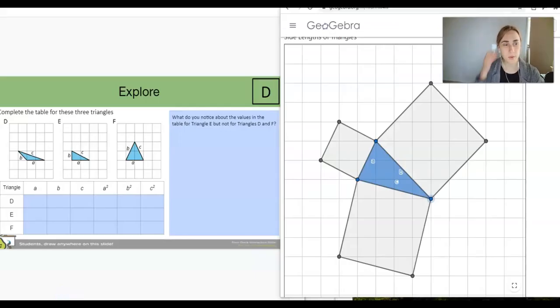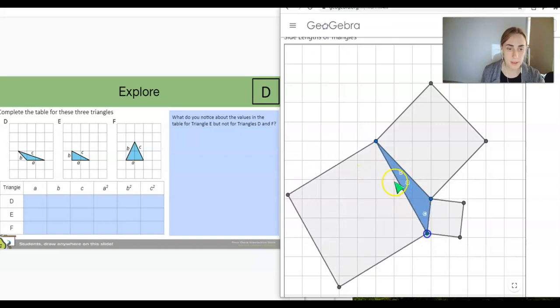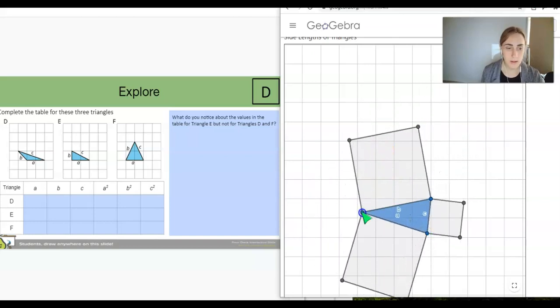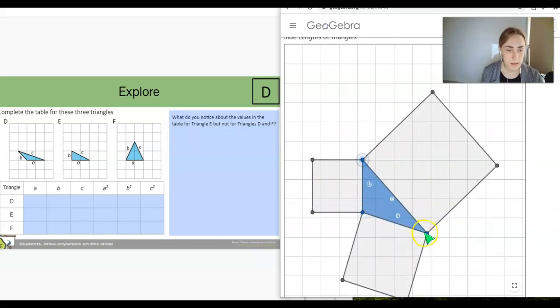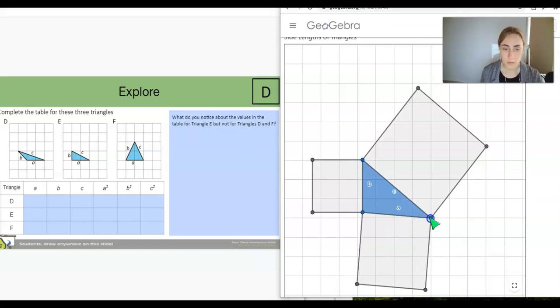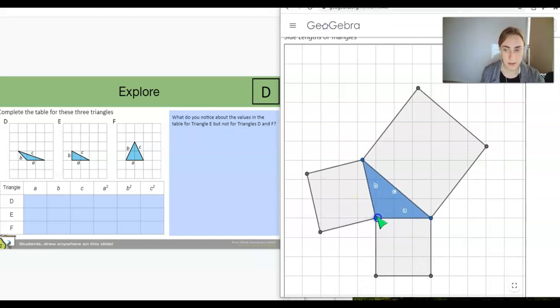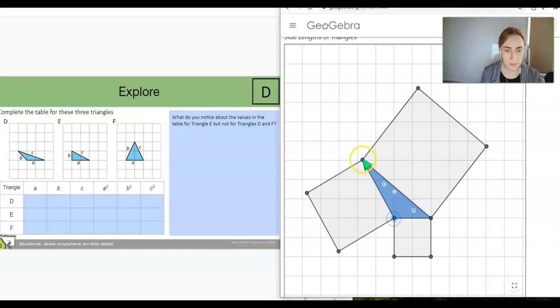So as an example, it might be helpful to have your slides from Pear Deck or from Google Slides, whichever format your teacher is using, next to the applet. And you can look at the placement of side B, C, and A, and arrange it in the same way.